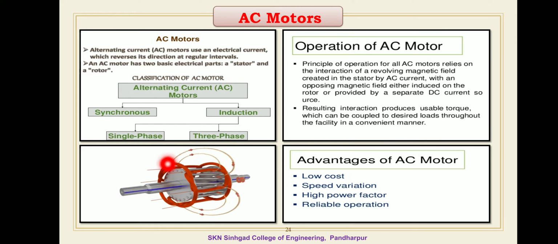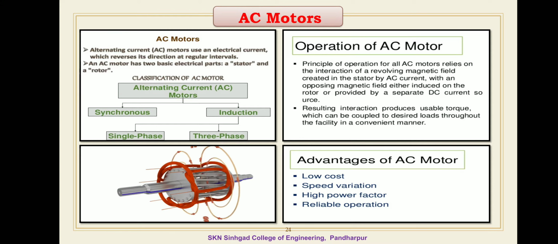In the construction of an AC motor, the main parts are the rotor and the stator. The rotor acts as a rotating element and the stator acts as a stationary device that generates magnetic flux.